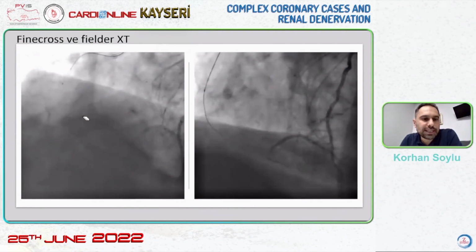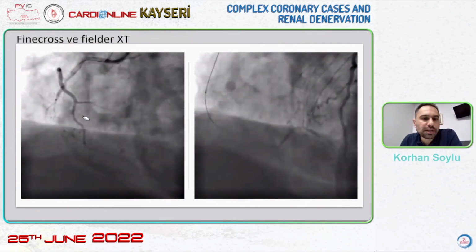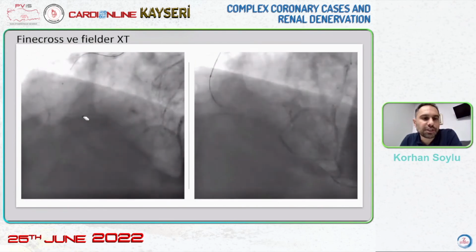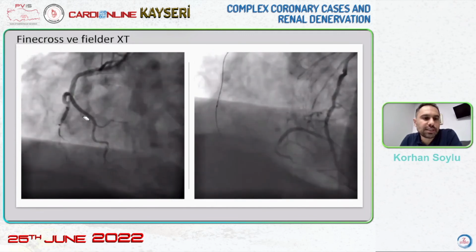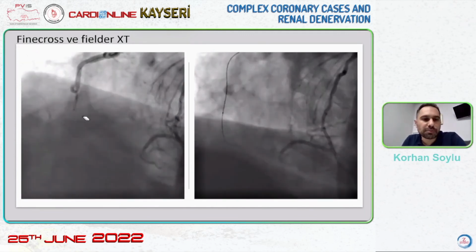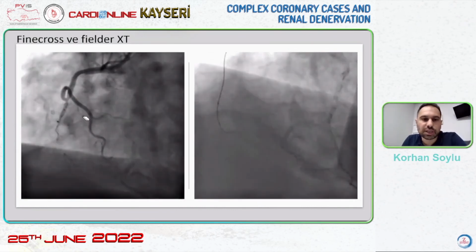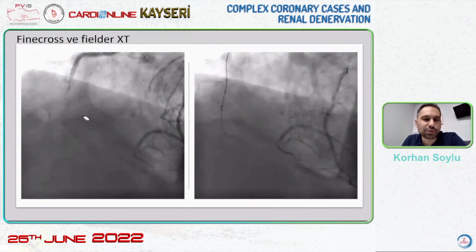So while using it, if you sense that it goes to the subintimal, we need to avoid subintimal tracking. Sometimes even experienced operators suppose that they are in the lumen, but in the distal side, ballooning is done.